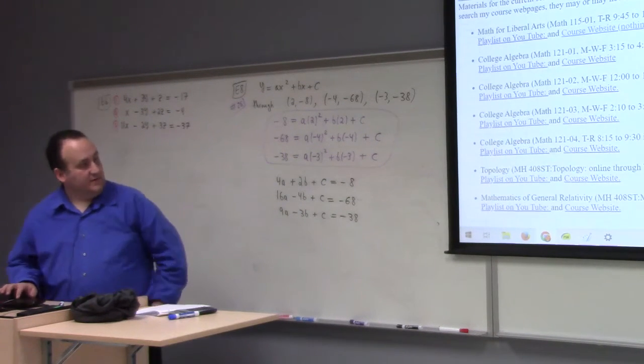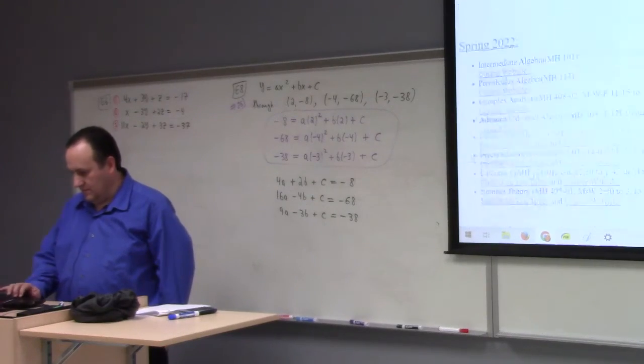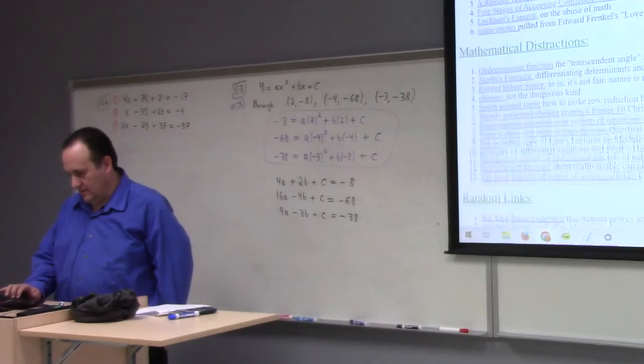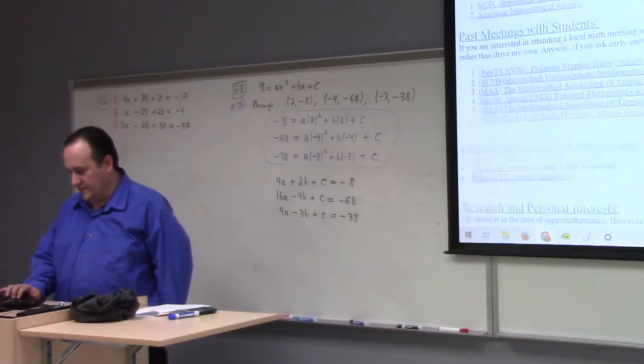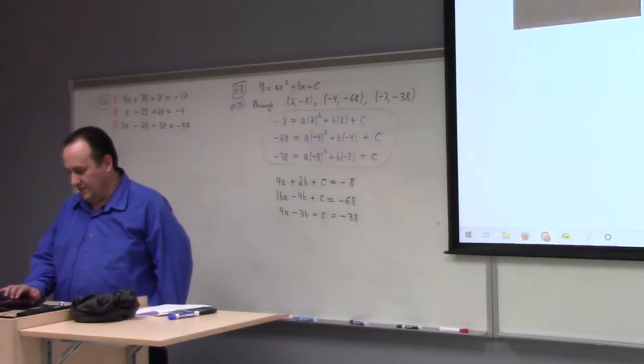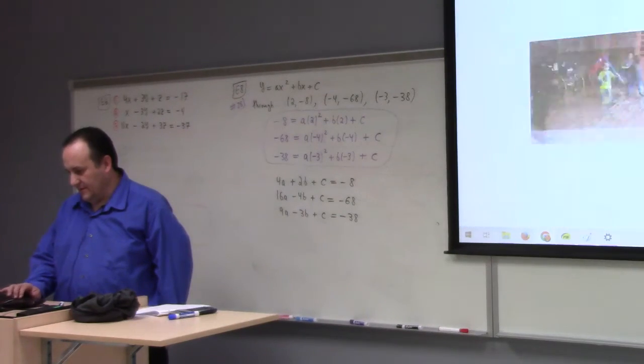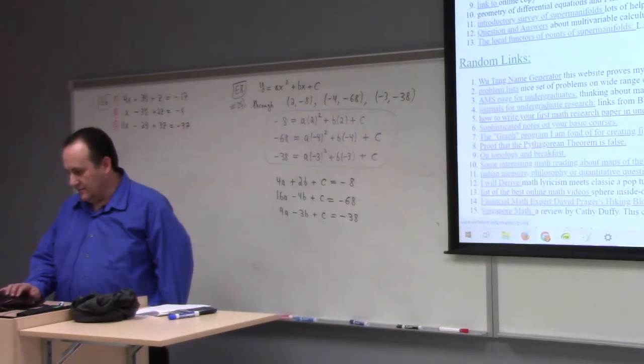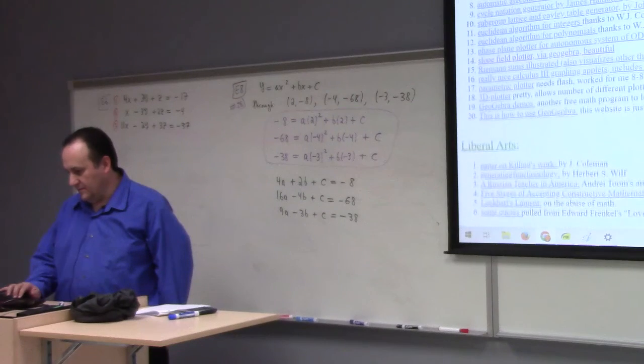So if you go to my web page and you scroll down quite a bit, I've got links to websites that do the math for you. I may have gone too far. Come back up a little bit.